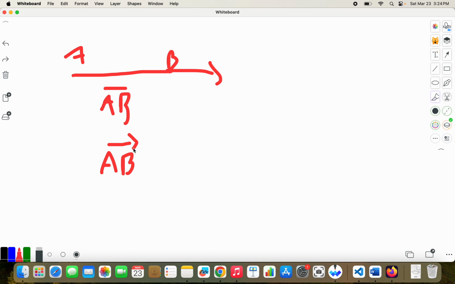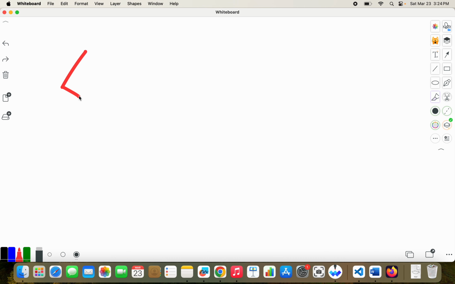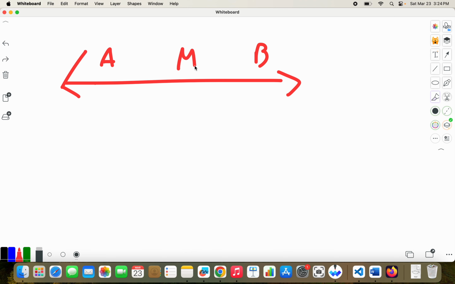Again, these are one-dimensional figures. Even the line is going to be one-dimensional. If you want to go to both sides, A, B, M. They didn't draw M, so I'm finally changing things. So, line AB.